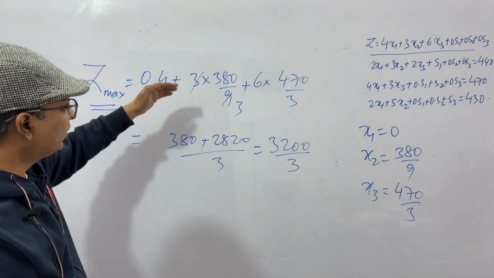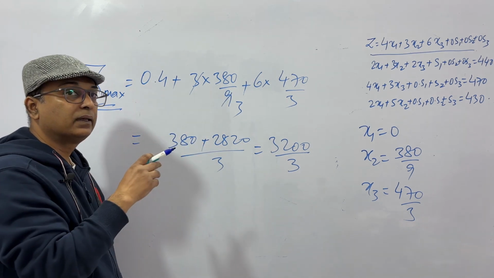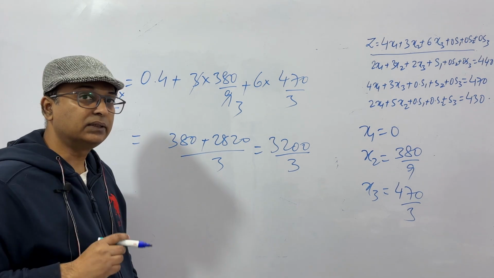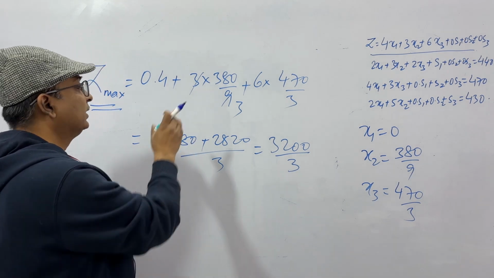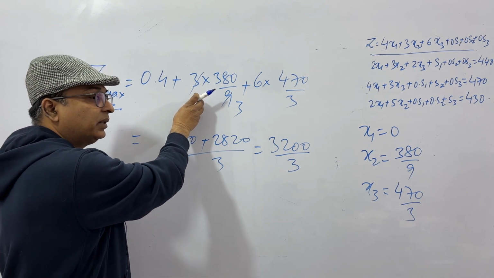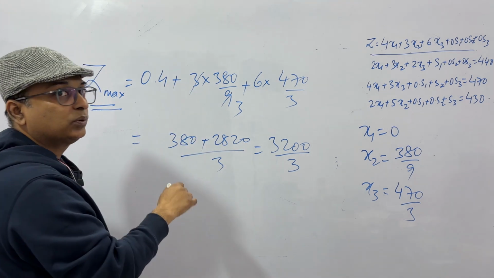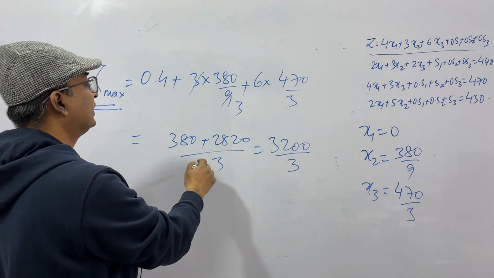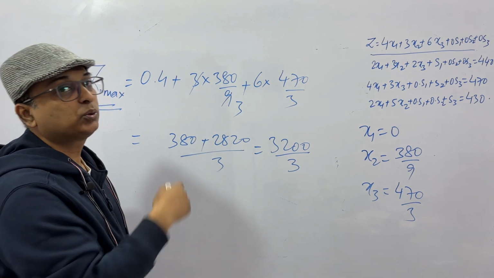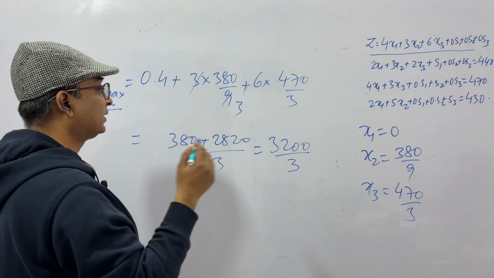Now the other elements in the key column, we'll have to make 0, by elementary row transformation. One element is your key element, the other 2 elements you have to make 0. Row 1 minus 2 row 2, row 2 minus row 3, whatever it be. If the number is 2, then that row minus twice the key row.